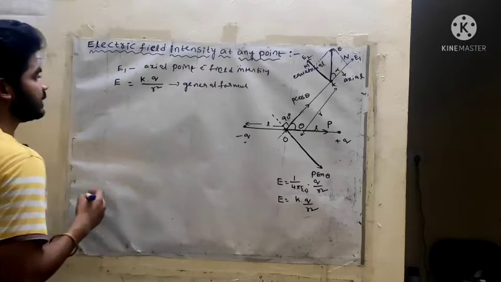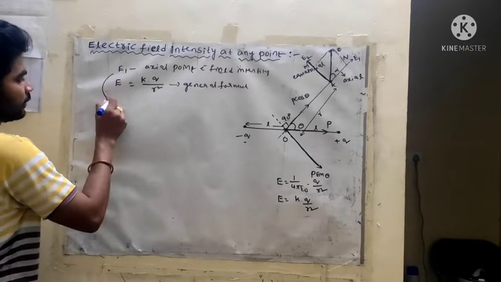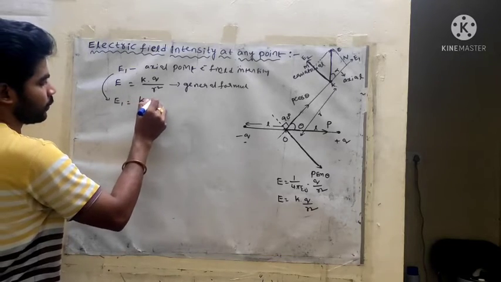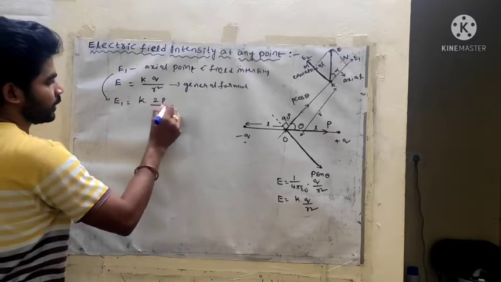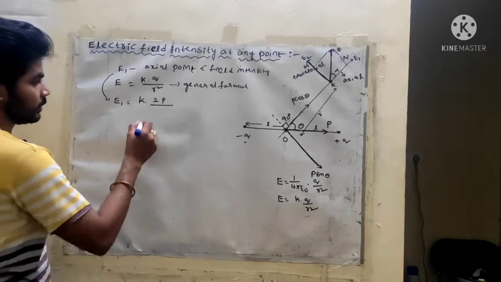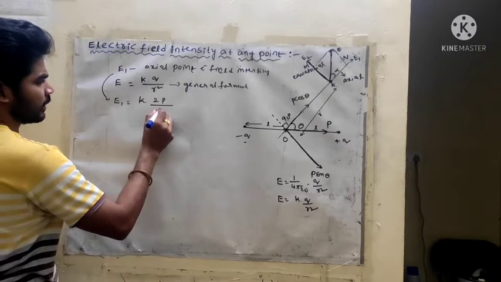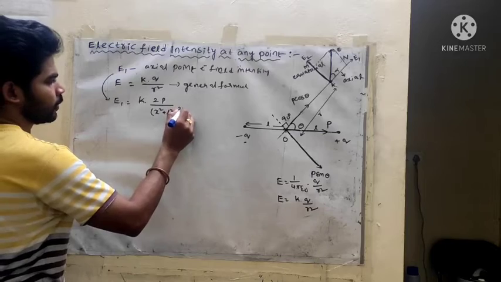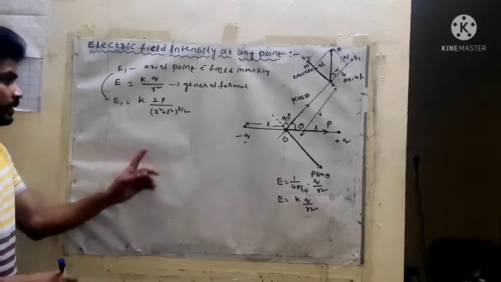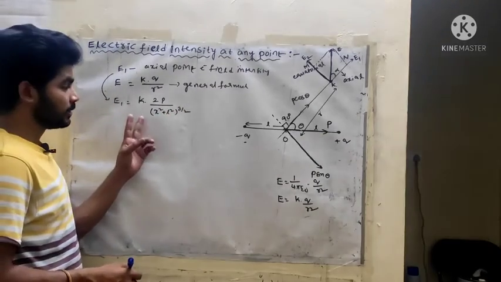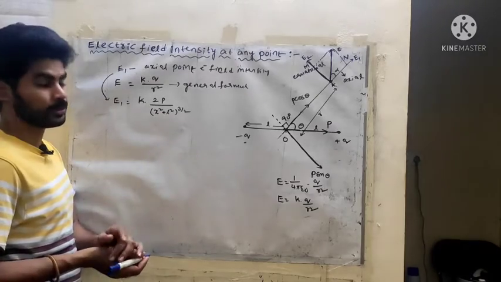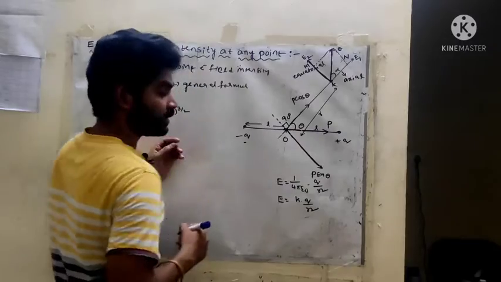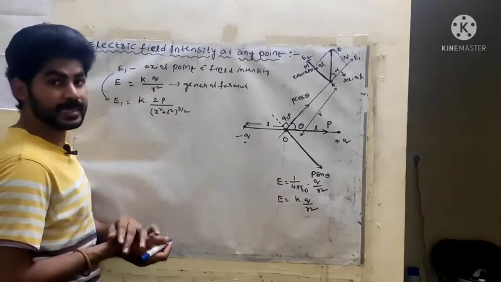At the axial point, the electric field intensity is 1 by 4 pi epsilon naught into 2p by x square plus l square whole power 3 by 2. This is the distance generally. The dipole is very short, so l is neglected.